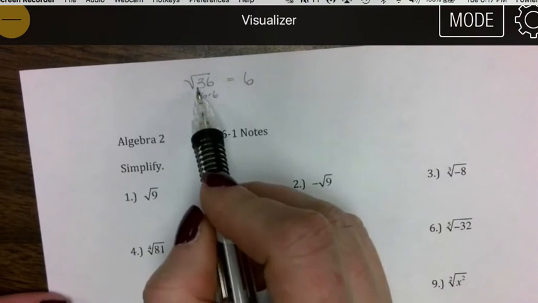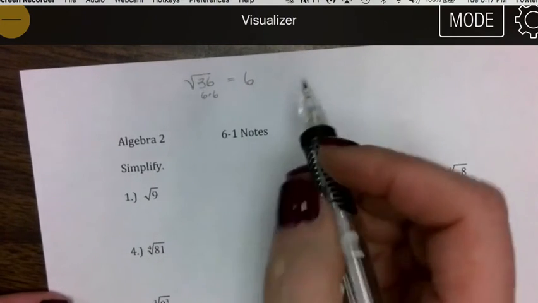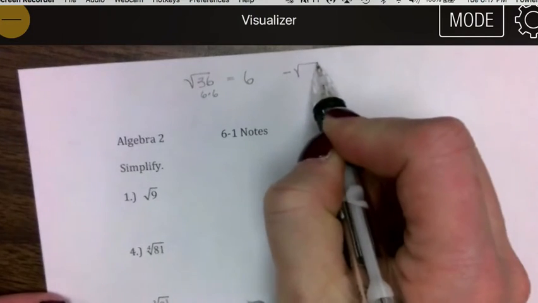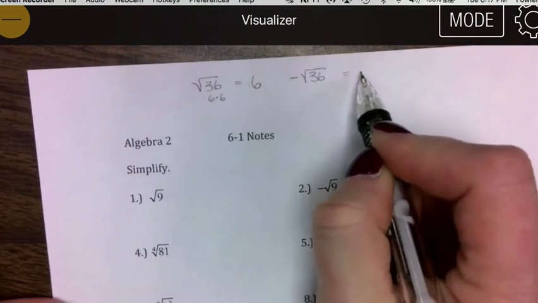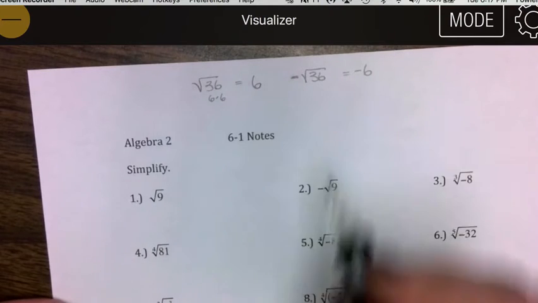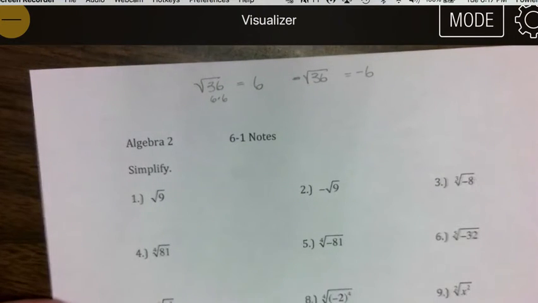In order for a square root to come out as a negative, they will write that negative out in front of it. So if I want the answer to be the negative square root of 36, you would see that negative out front of it.